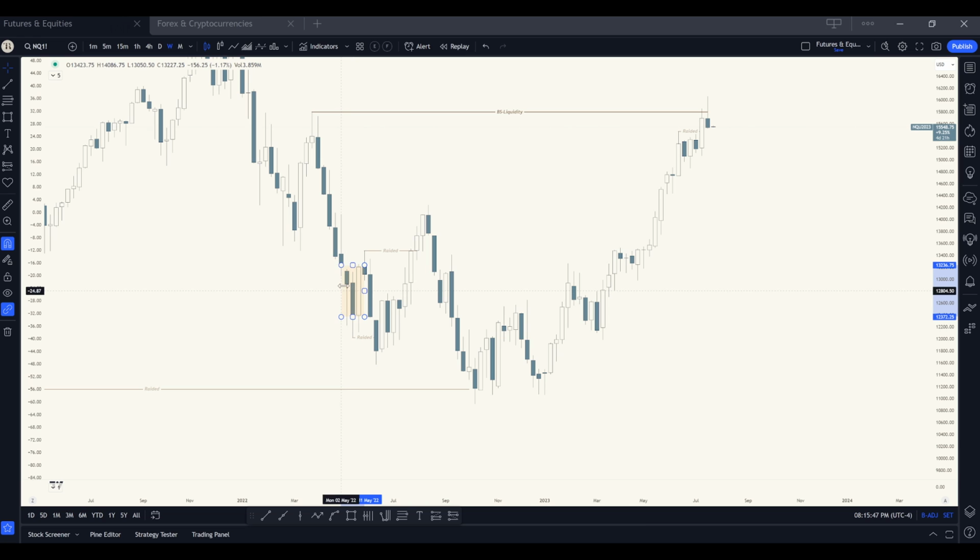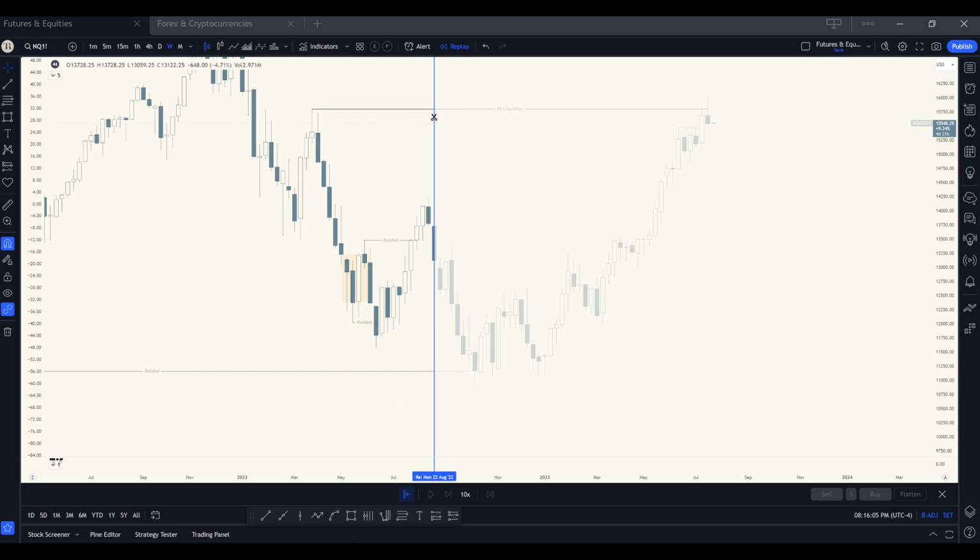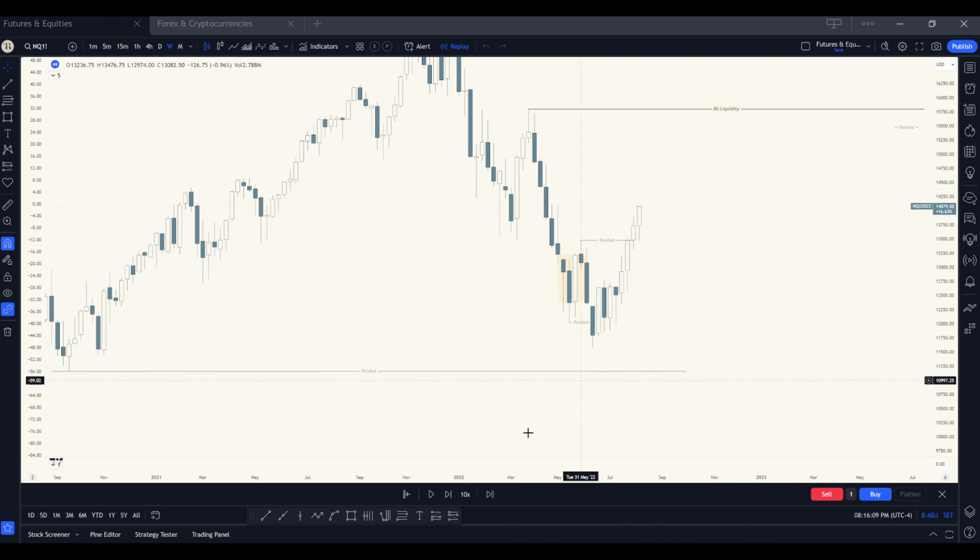Sorry, guys. But when we have our initial Judas swing, this swing is very important. Remember, we only measure when this occurs. This is the only time we make the measurement.